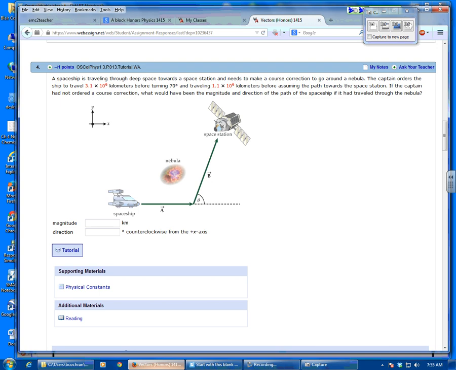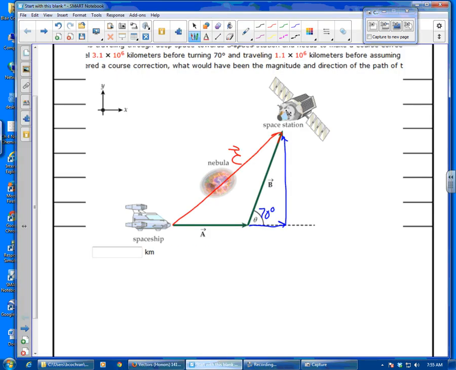So when you're working through this, use your numbers rather than my numbers. I'm going to put them up here: A is 3.1 times 10 to the 6 kilometers, and B is 1.1 times 10 to the 6th kilometers.